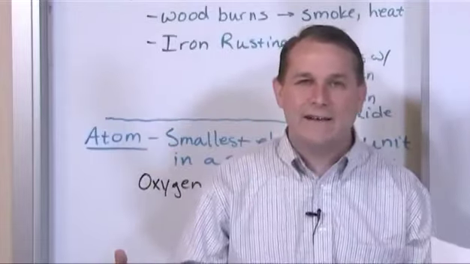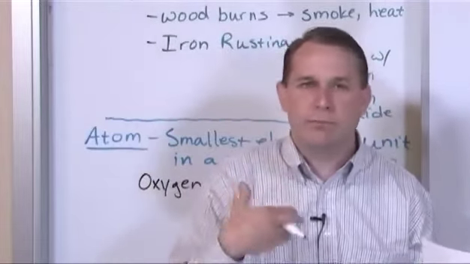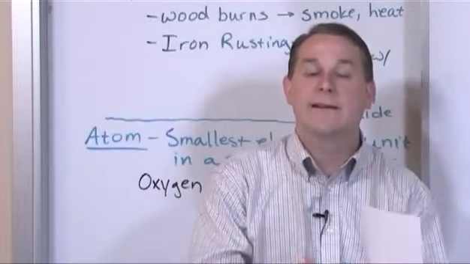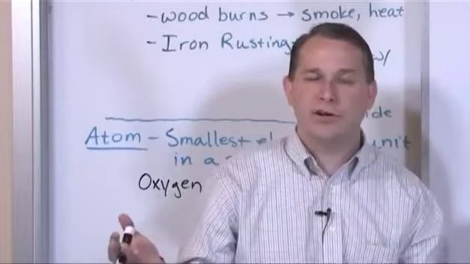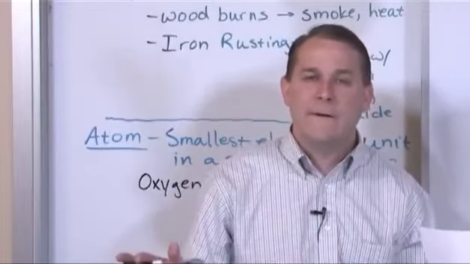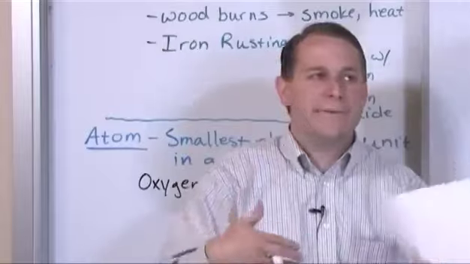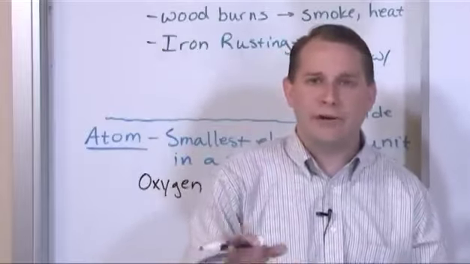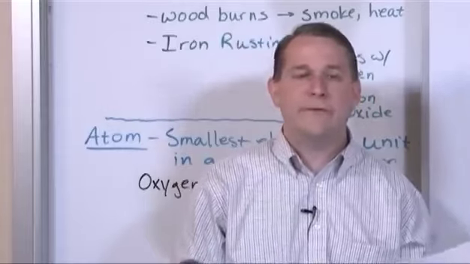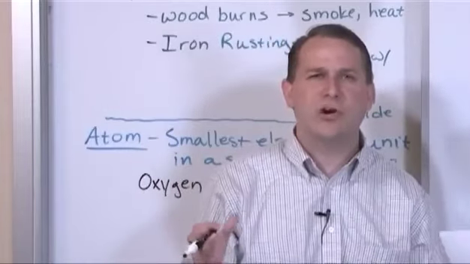Oxygen is a gas, colorless, odorless, but we breathe it, we use it, right? You take those two things together, they chemically react and form water. Now, water doesn't look anything like hydrogen, and water doesn't look anything like oxygen. So when you combine these things together, they form new substances whose properties are totally different from the basic things that they're made of.